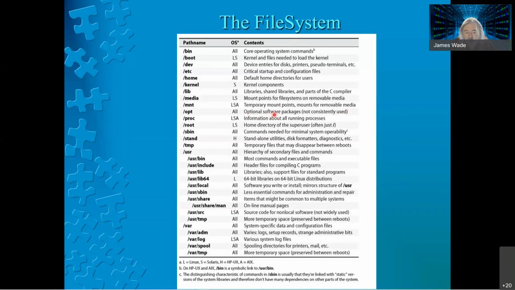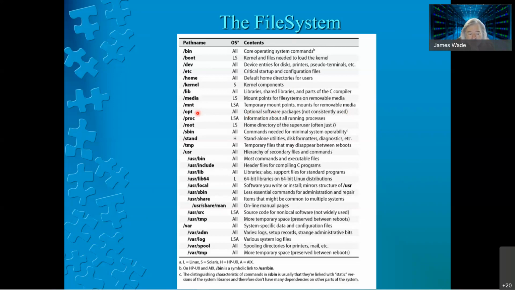But the problem was that they started putting everything in there. So then later on, they started creating more specific directories and partitions. The other thing is, by default, the operating systems would put in a /opt. And if you didn't do a separate partition, you could fill up the operating system.